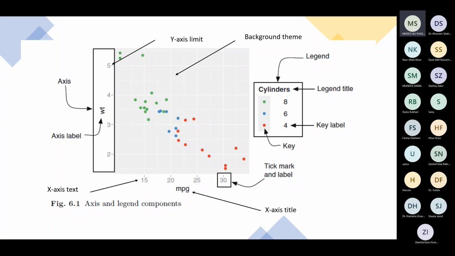For the y-axis, they have limits depending on the data or the numbers that we have. We plot the graphs, and we have the legends, which contain the title of the legends and the key labels. And the background theme color can be changed according to the color that we want. Okay, good.